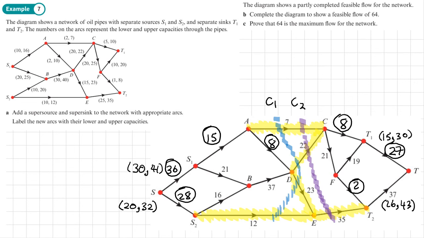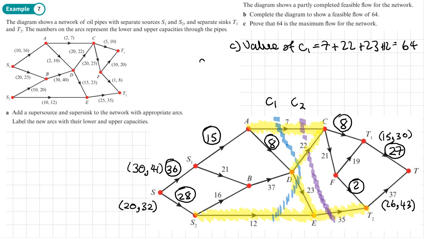So this is a minimum cut, so value of C1 is going to be 7 plus 22, that was 22 there, let's put that back in, so 7 plus 22 plus 23 plus 12, and that's 64.